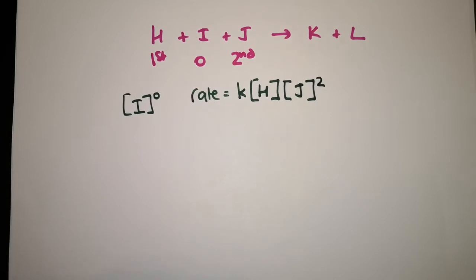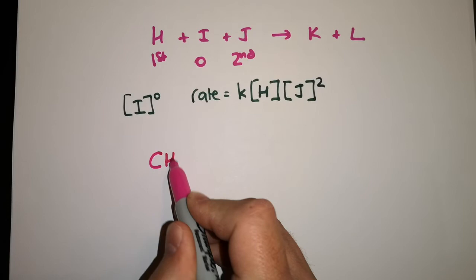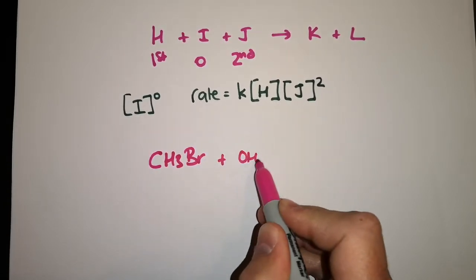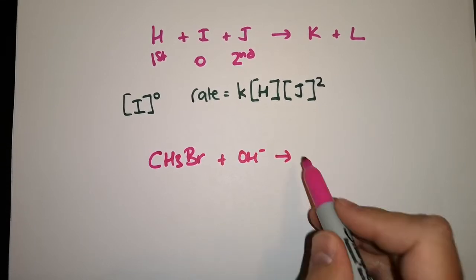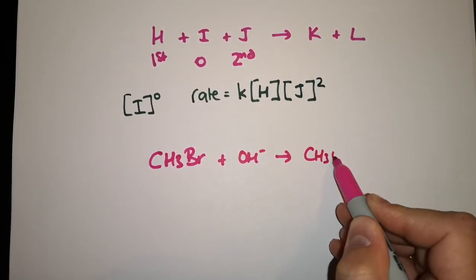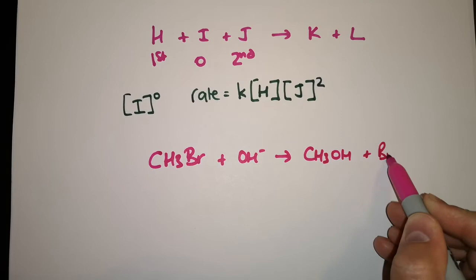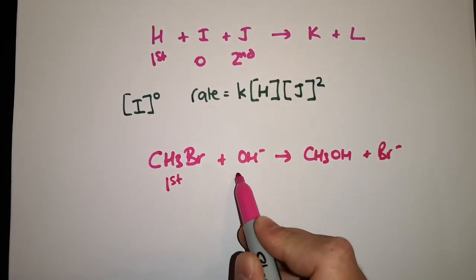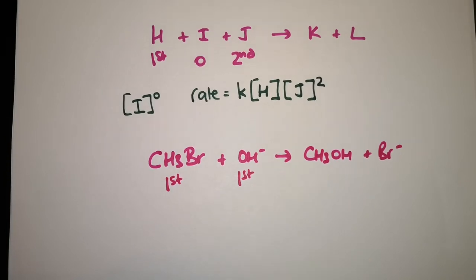Right, so let's look at some examples with actual chemicals. So how about this one here, where I have bromomethane and hydroxide ions, you might have seen this at Year 12 Organic. And let's say that that is first order and that is first order.